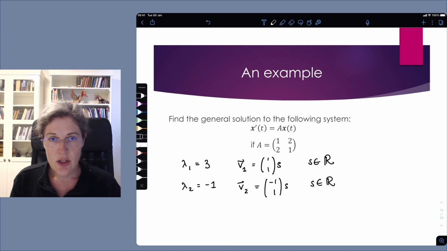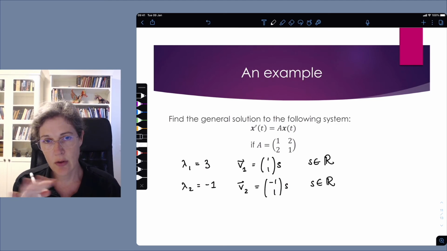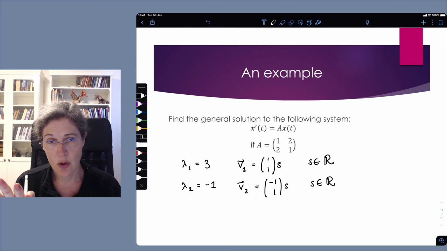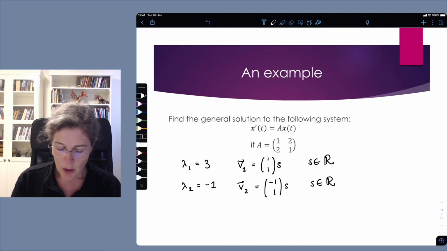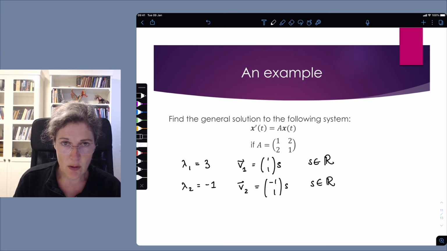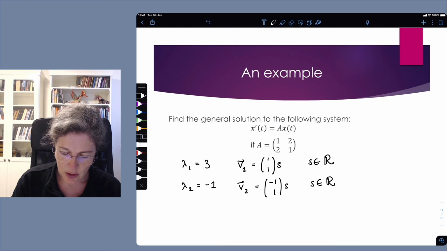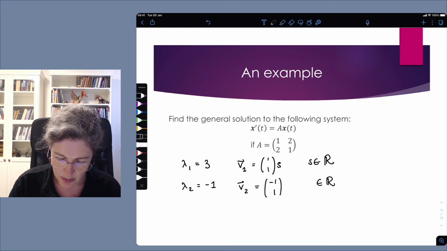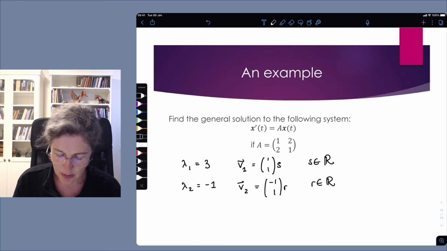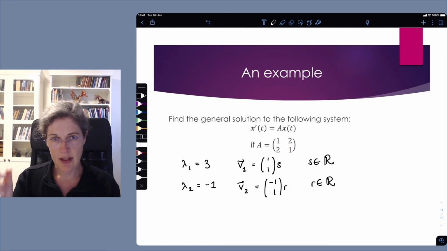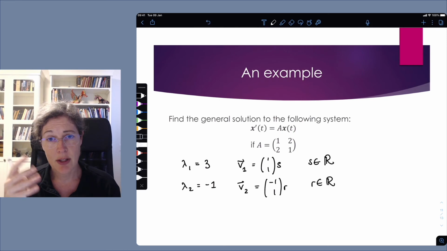So we actually only need one particular eigenvector for each eigenvalue. We don't need the whole family of them. So we pick a particular value of S, and I should actually probably give this one different. Let's call this R, just to be clear. So we pick a value of S and R, and that will give us two eigenvectors, not the whole family.